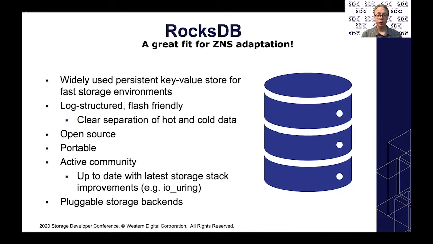It's log structured and flash friendly. It has a clear separation of hot and cold data, so we could do really nice co-location of files if needed. We could co-locate files that have similar lifespans into the same erase units to make use of the whole capacity of a zone.